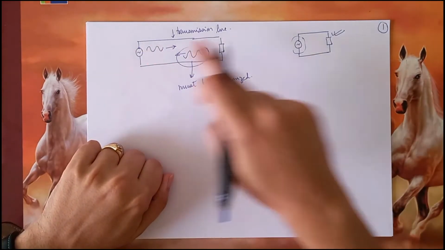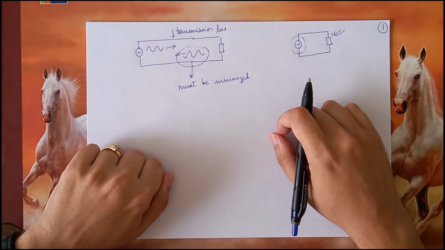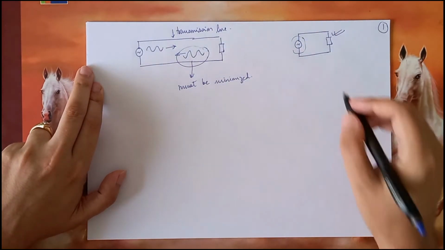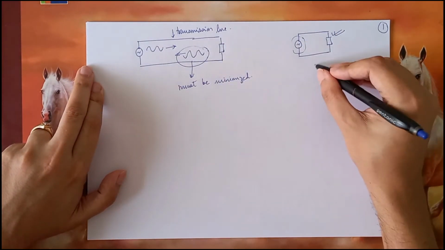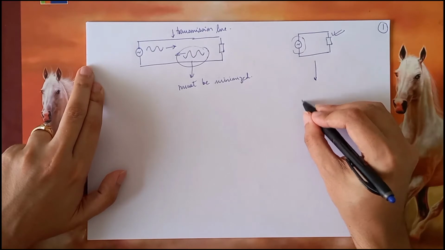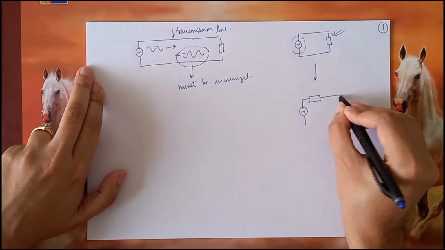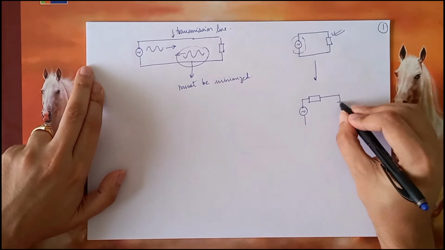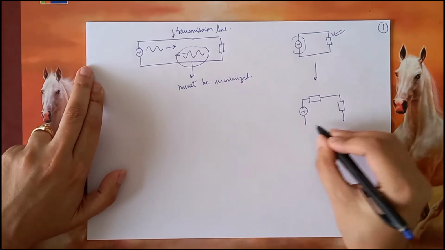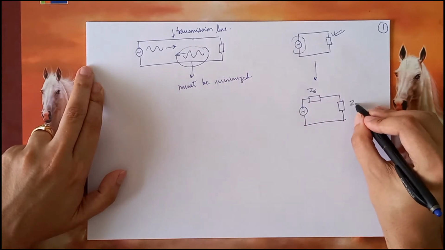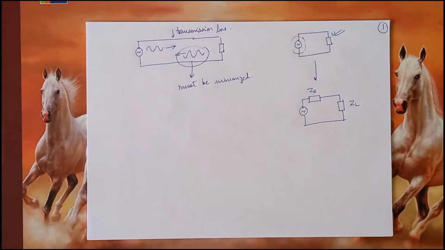Because every source is not an ideal source. That is like saying the source may have some internal impedance. So in this case, let us take some source impedance case which you are already familiar with in your circuit theory courses. So let us say this is the source impedance ZS and this is the load impedance ZL.